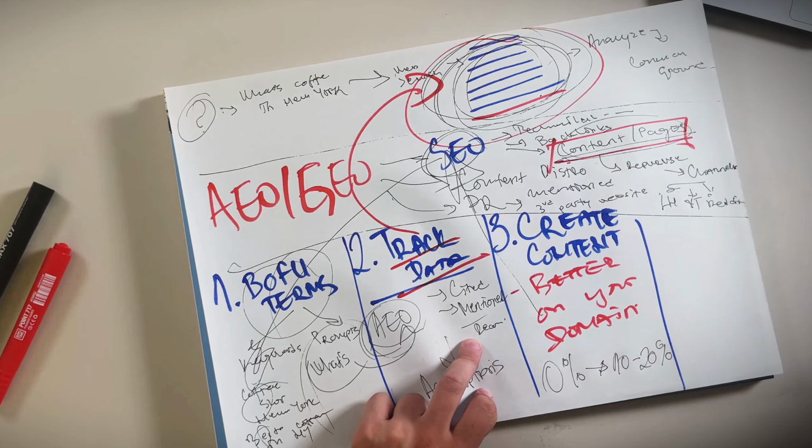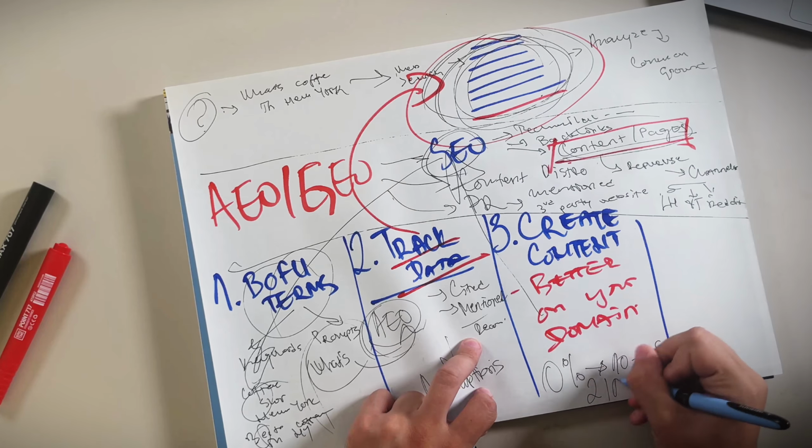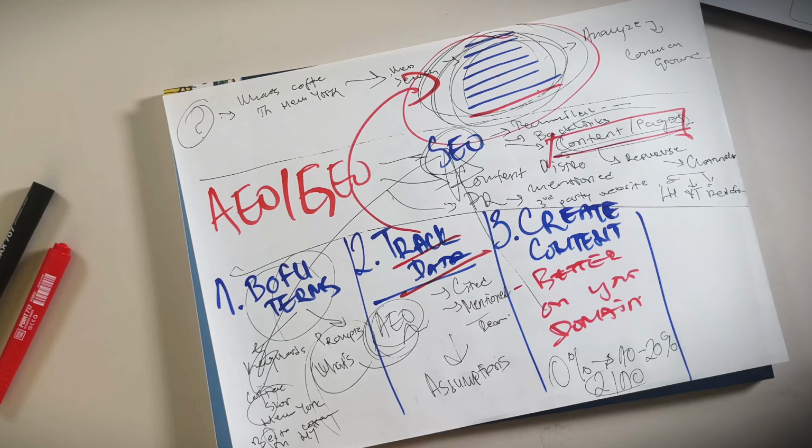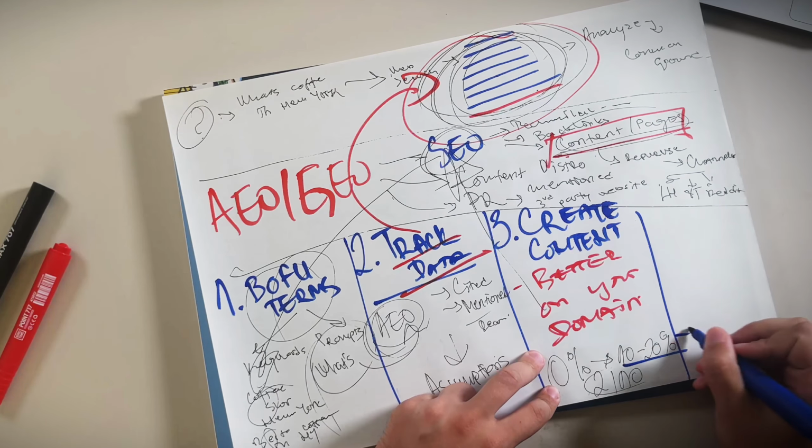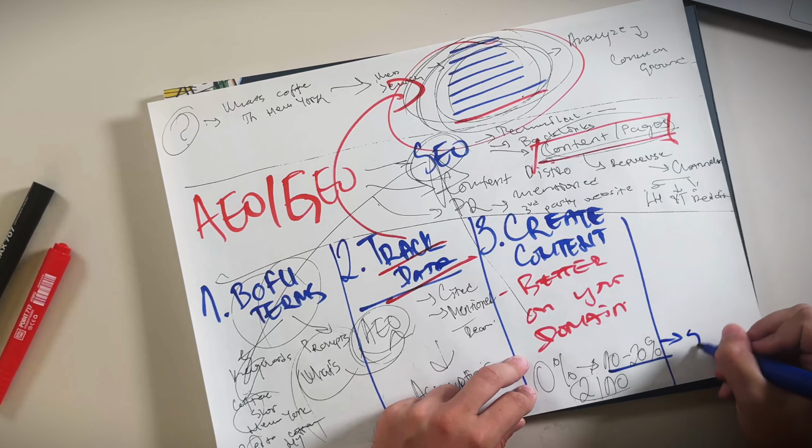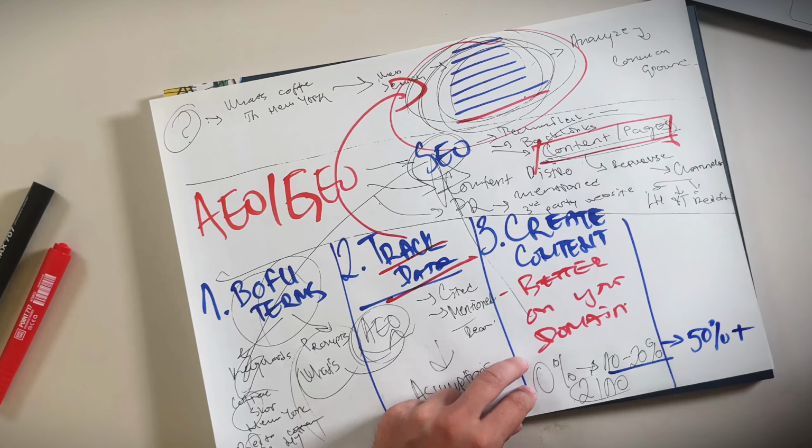That means that you will get recommended in like 2 out of 10 answers. So, how do you go from here to having a visibility of 50% plus?